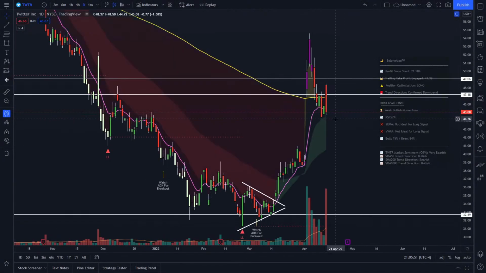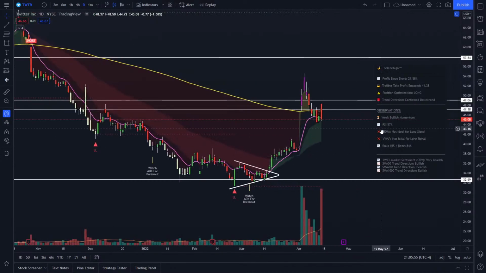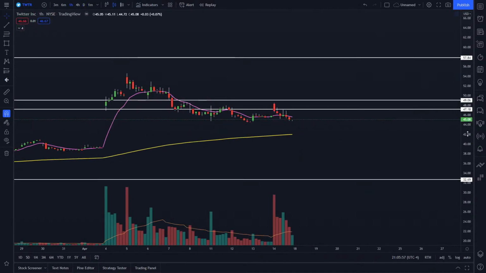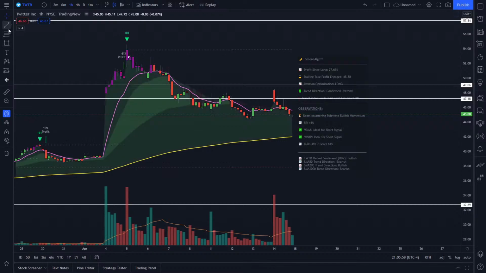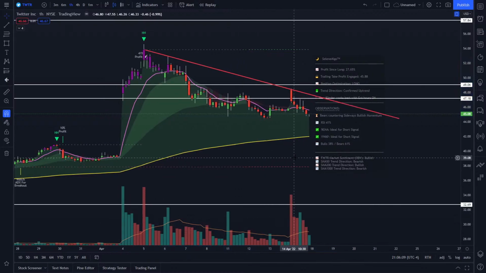Twitter, sorry, I forgot about Twitter. I mean, everybody sees this, right? Like everybody sees that, right? This downtrend. Everybody sees it, right?